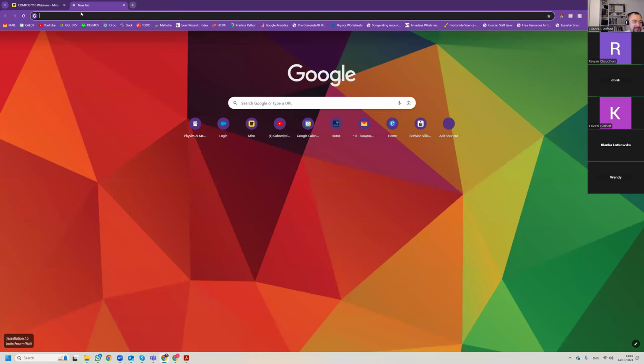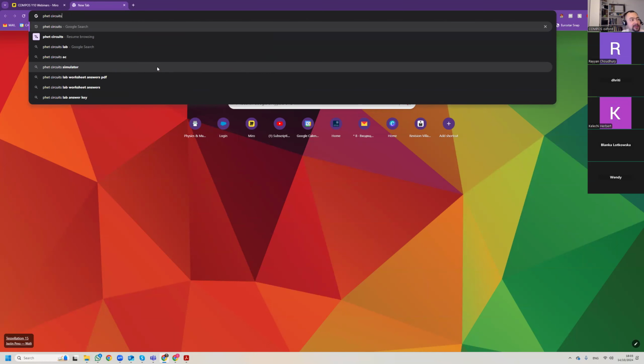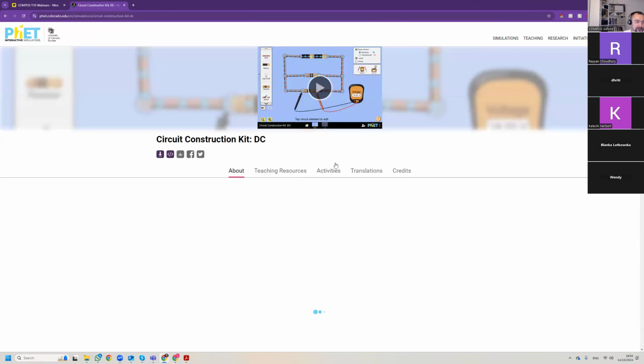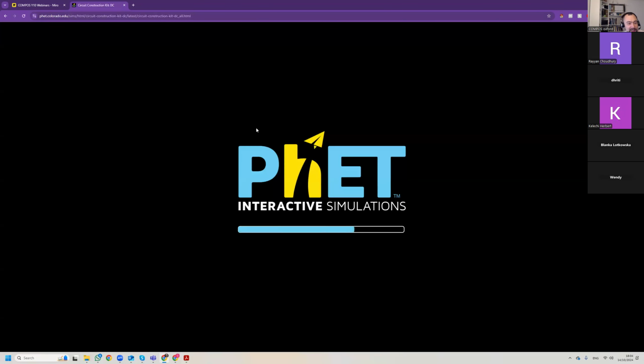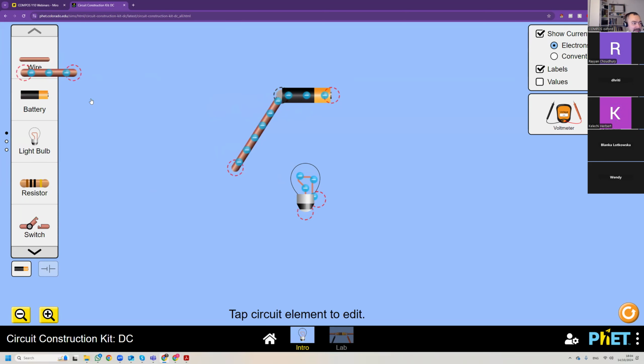You know DC circuits, you know how they work. If you don't, please do try this out. I really like this. You just take a battery, a light bulb, and a wire, and you connect.